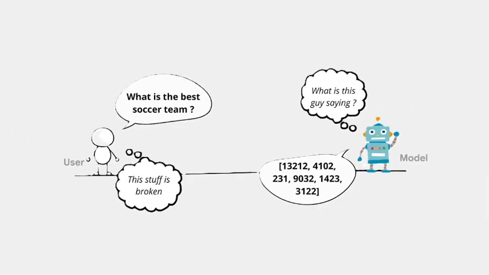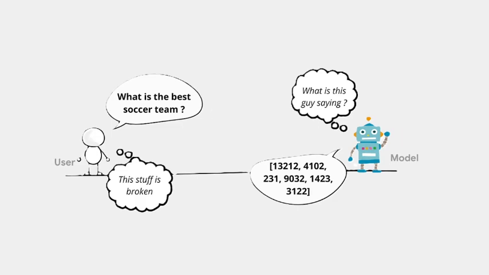We have a user who tries to speak to the model directly, like, what is the best soccer team? And the model responds 1, 2, 3, 4, and neither understands what the other is saying.